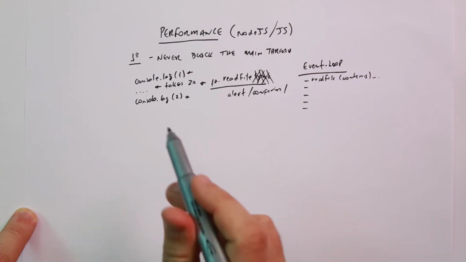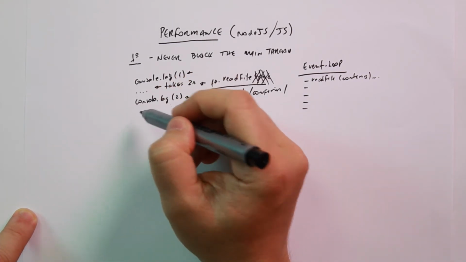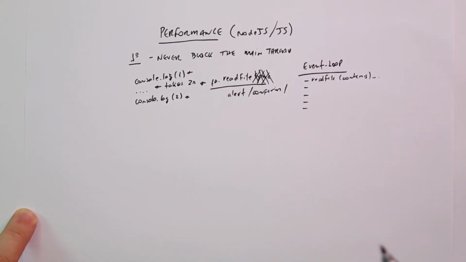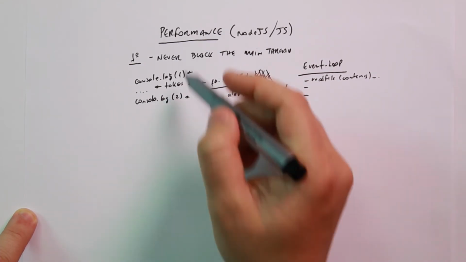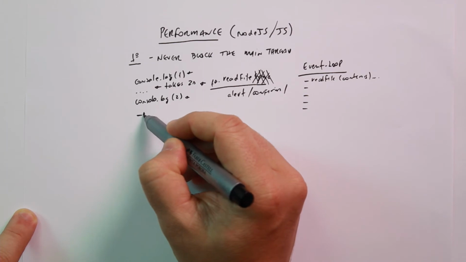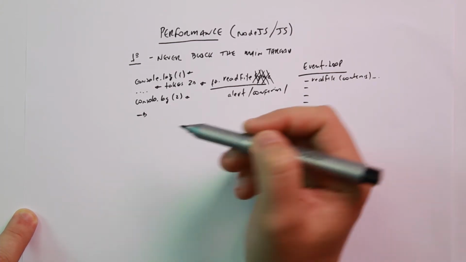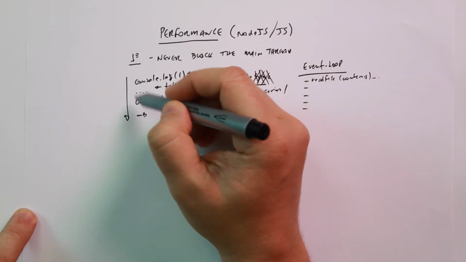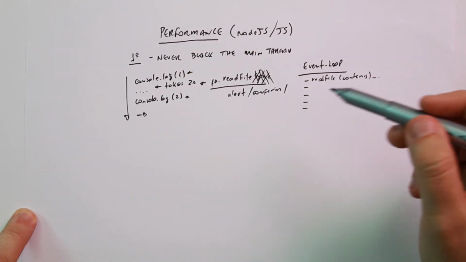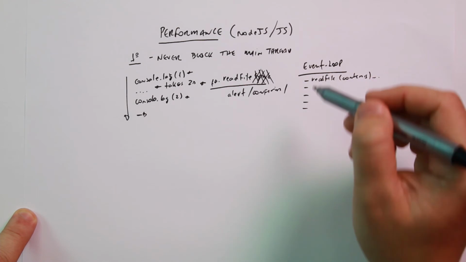But why is this so important? Because the event loop is only read when we are at the bottom of the main script. When we finish executing the main script, we start getting items from the event loop.